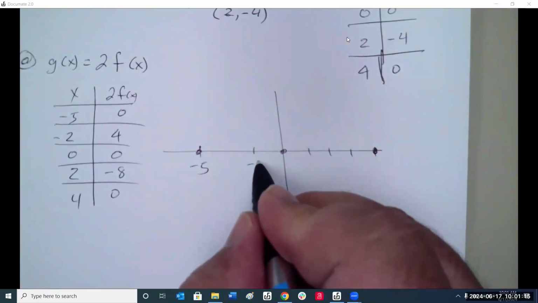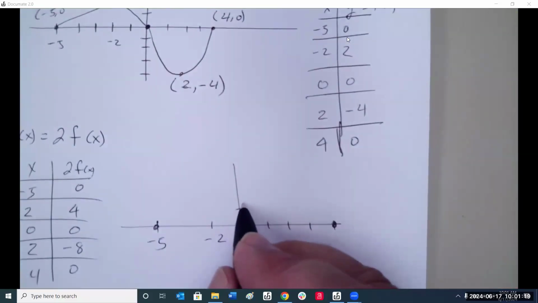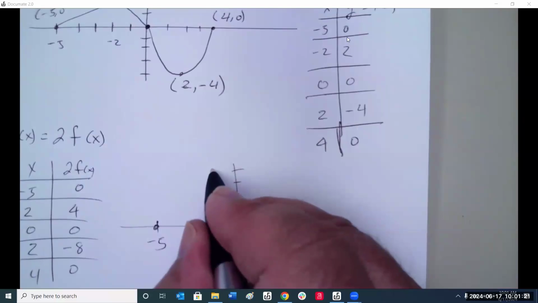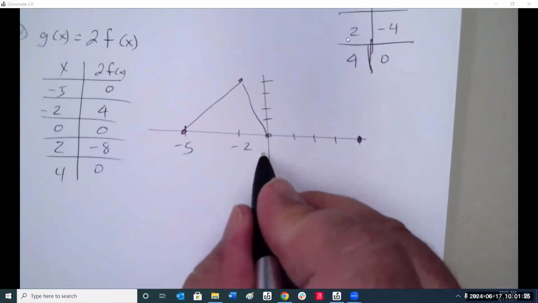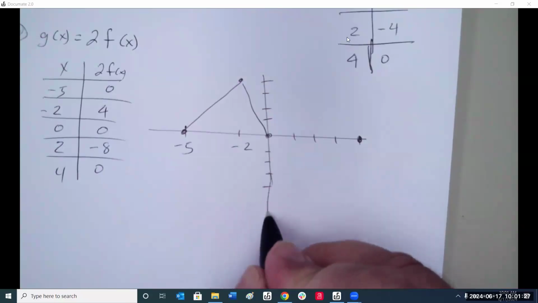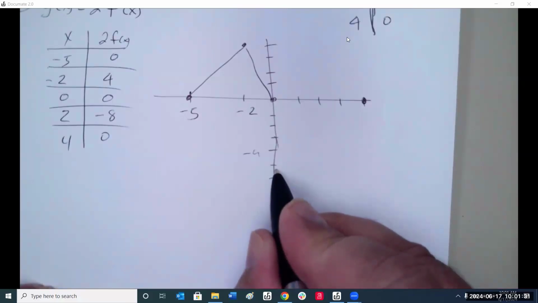At -2, it used to be 2. Now it's up to 4. It used to be down at -4. Now it's down to -8.